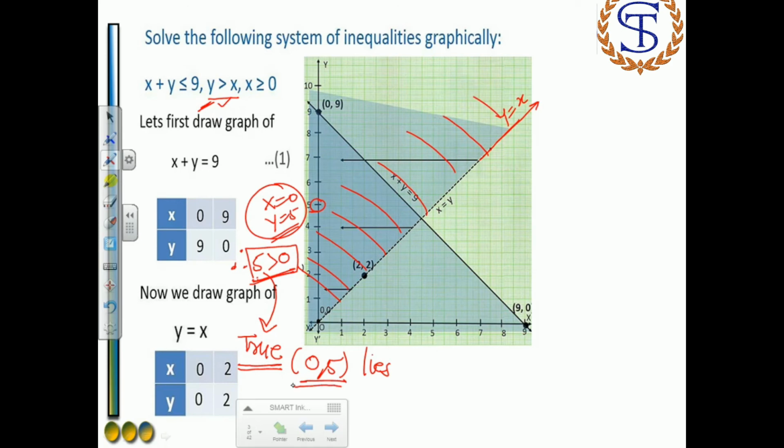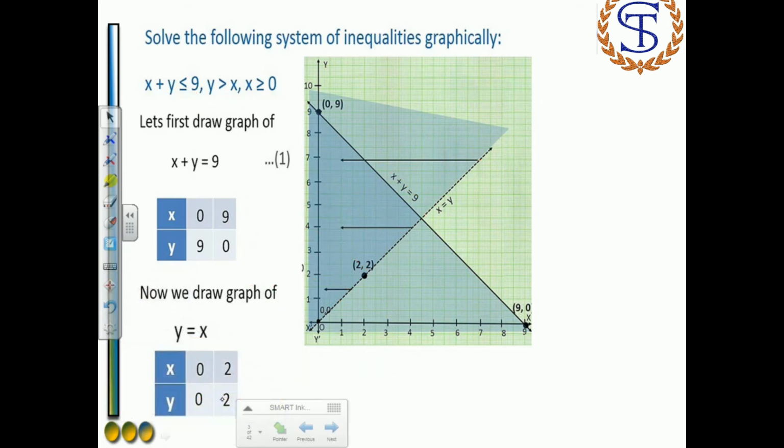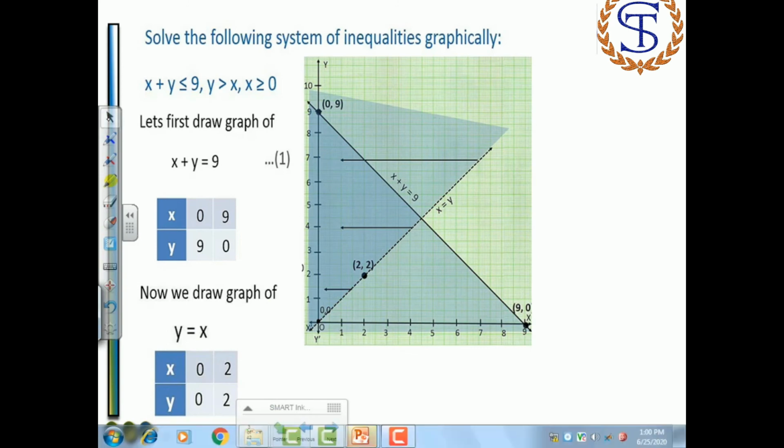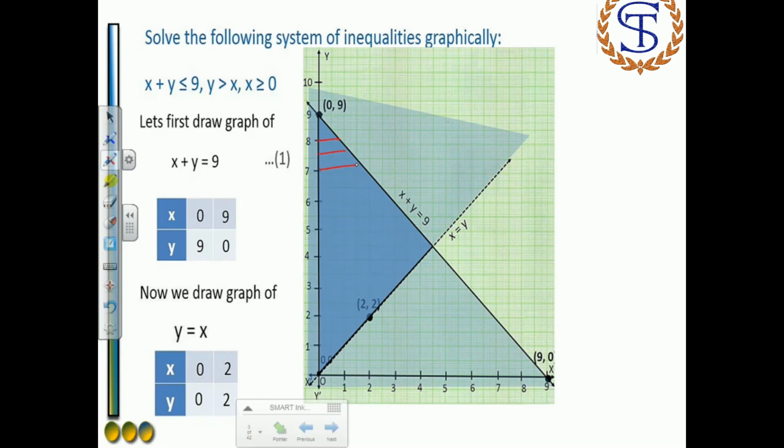Now by considering the shaded portions for these two inequalities, which is the portion we can say is the common shaded portion? Yes, we have a common shaded portion, this one. This is the portion common to these two inequalities.